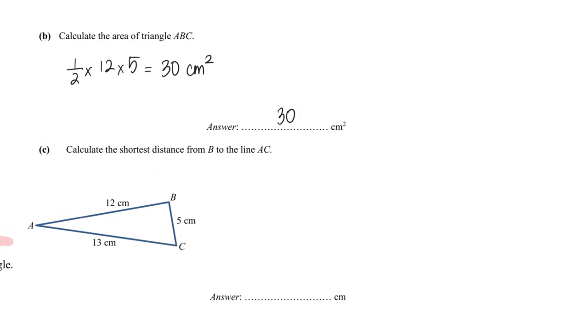Calculate the shortest distance from B to AC. Now, for shortest distance, it is important to take note that it is actually the perpendicular distance. In this case, I'm going to draw a perpendicular line from the point B to the line AC.